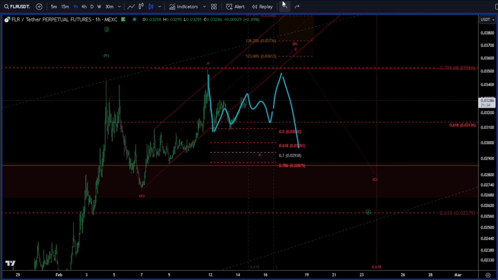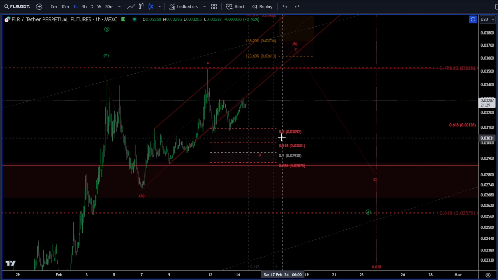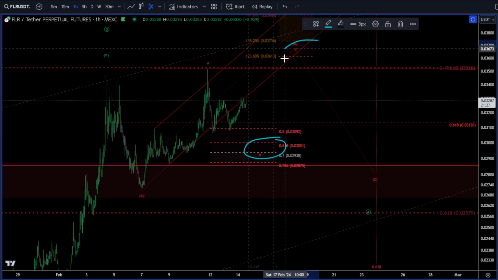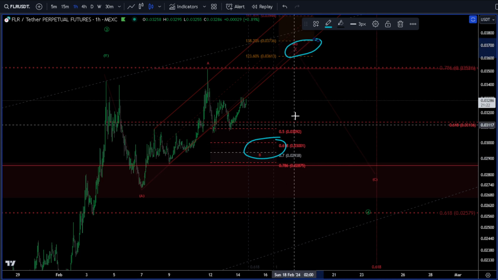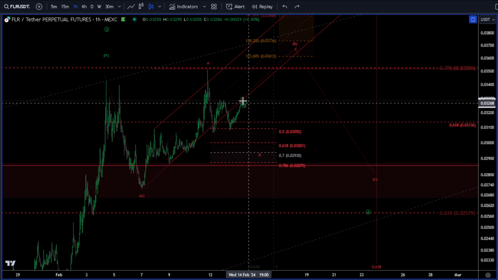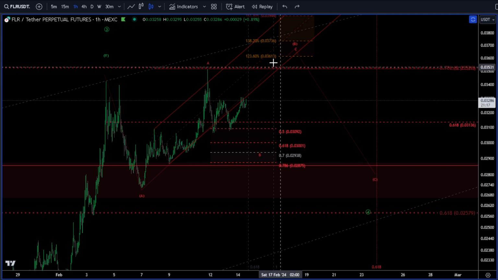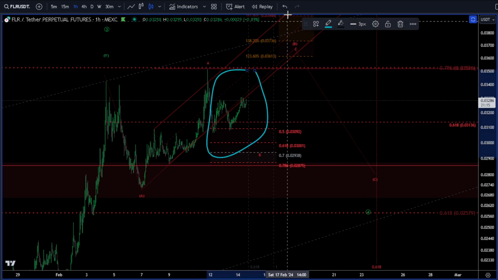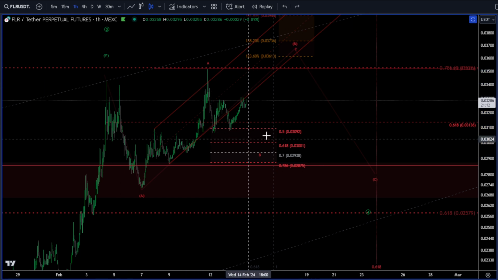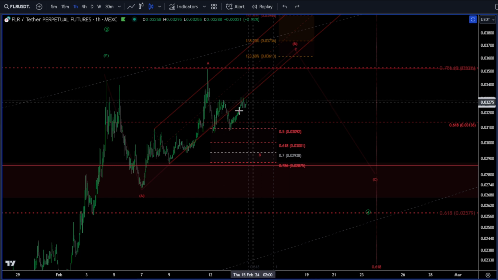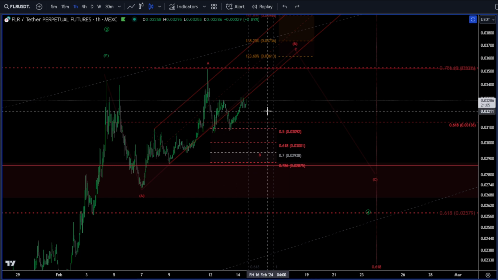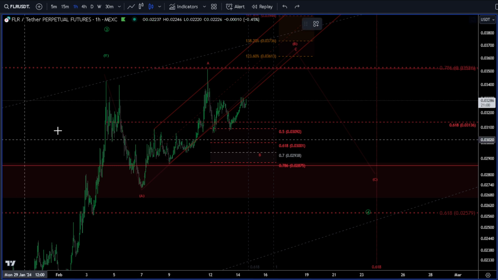You have to watch this in real time and pay attention to all this stuff, but I'm sidelined until we get our B wave or come up to our higher B wave to short the C or long for this C. As of right now, this is just a no trade zone for me until we get clarity what's happening in this complicated area. As you know, it can get very complicated when you start with 3 waves like this. It's best just to wait because you can really get chopped up in these waves if you're down on the micro.